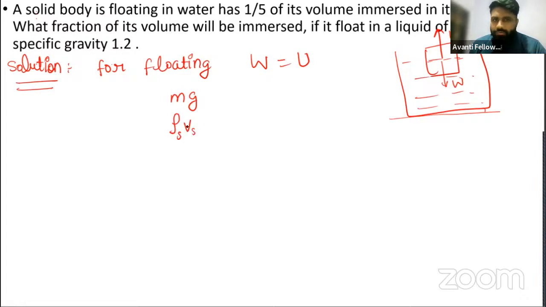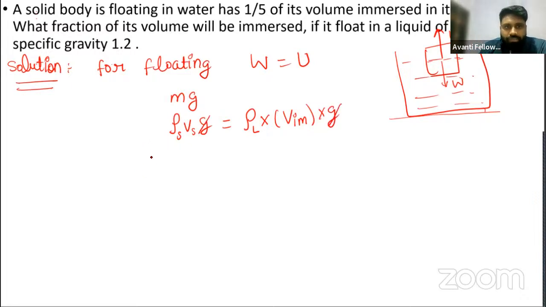Density of solid, volume of solid into gravity is equals to upthrust, which is the buoyant force. Buoyant force depends on density of liquid, volume immersed, into gravity. So g and g would cancel out. So density of solid divided by density of liquid, which we have used as water. This is water. So we will take density of water, is equals to volume immersed divided by volume of solid.